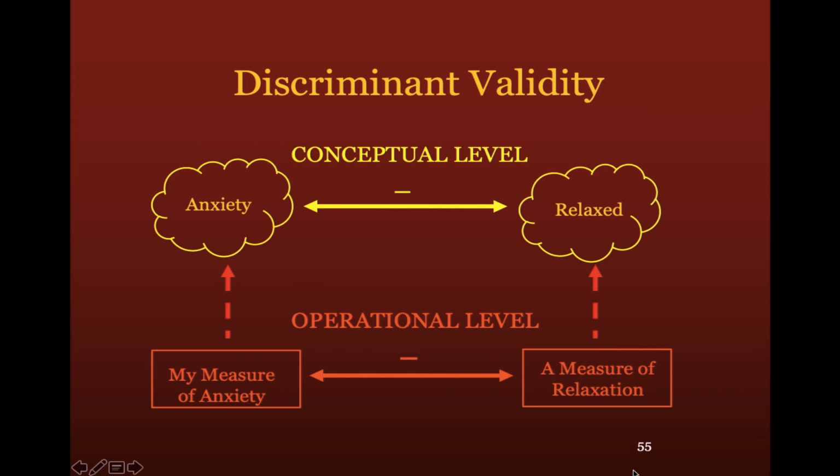If they are, that gives us a high level of discriminant validity, which suggests that we're potentially tapping into anxiety. Now, if our measure of anxiety was positively correlated with this measure of relaxation, that would suggest that our measure of anxiety is not actually measuring anxiety, it's measuring something else because it should be negatively correlated with this established measure of relaxation.